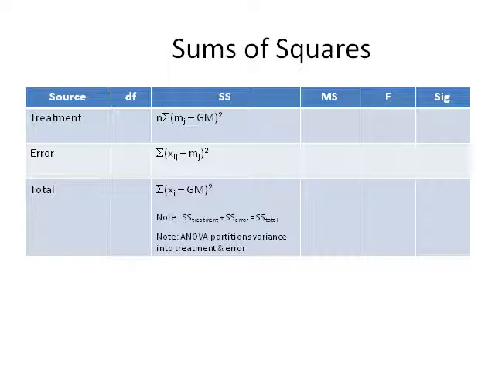Continuing our look at the summary table, we turn our attention to the sums of squares. Sums of squares for the treatment concern how each group mean deviates from the grand mean.